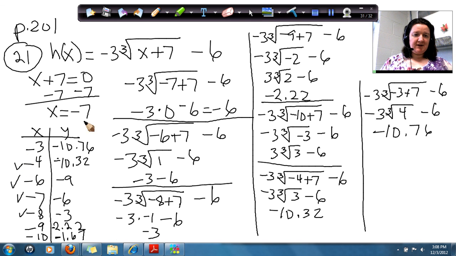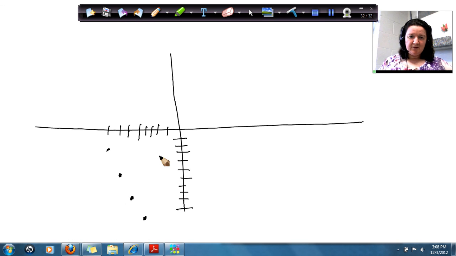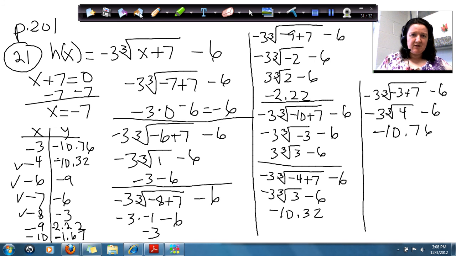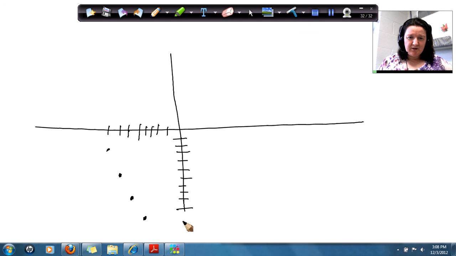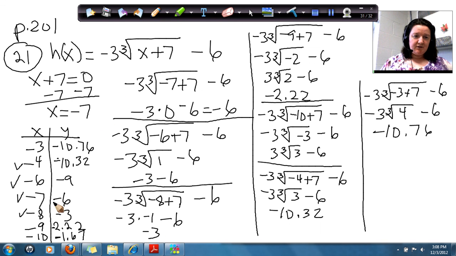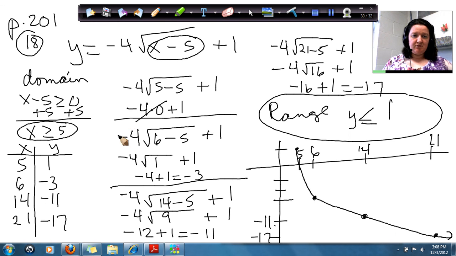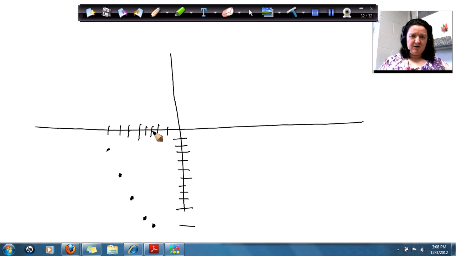So we've got that. Negative 3, negative 10 and 7/6. It's going to be a little bit more, so negative 3: 1, 2, 3. That's 11, so it's going to be closer to that. And then if we look at the other two, negative 9, negative 2.2: 1, 2, 3, 4, 5, 6, 7, 8, 9, and 10, negative 2.2.